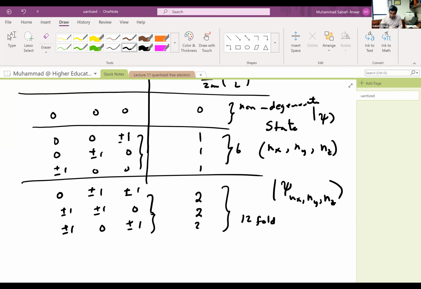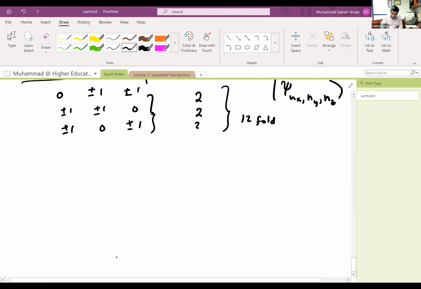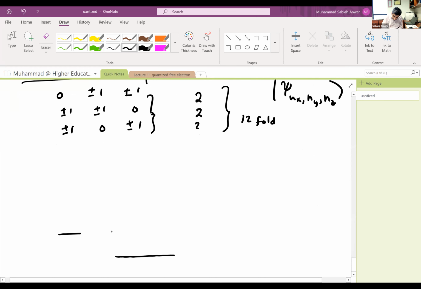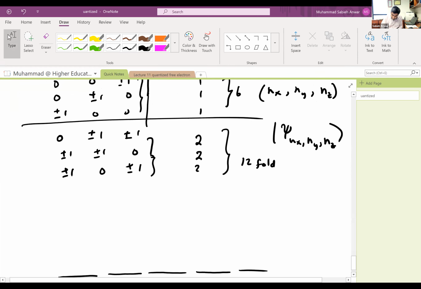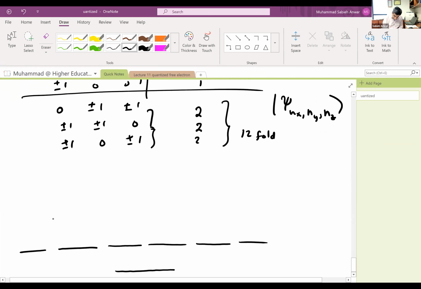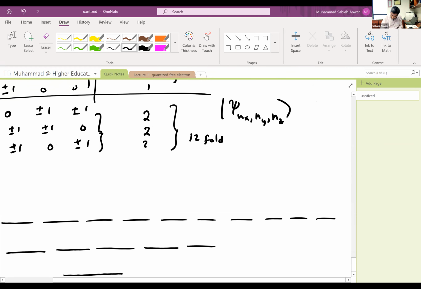And if I would like to make this into an energy level diagram, I have an energy level proportional to 0, I have an energy level proportional to 1, and there are 6 kinds of these states. And then I have a 12-fold with an energy of 2 units. Then 3, 4, 5, 6, 7, 8, 9, 10, 11, 12.